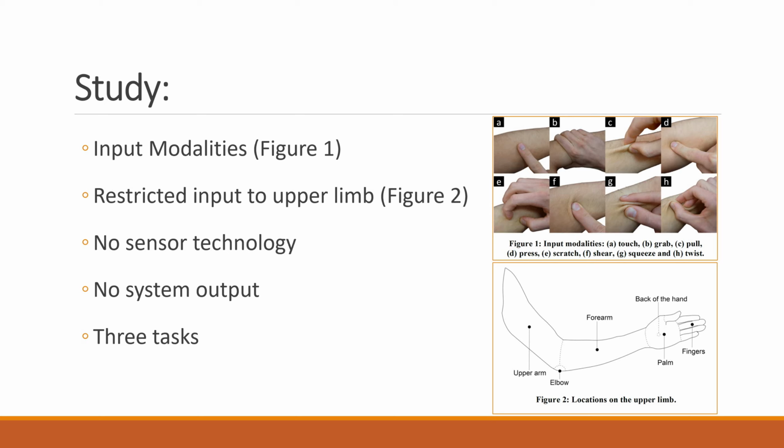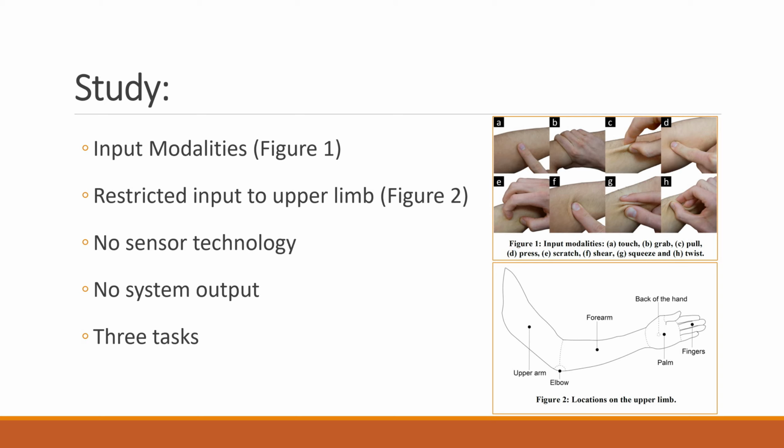A quick summary of the study: we defined 8 different modalities. For each of these modalities, we had a restricted input area on the upper limb. 6 areas were defined on the upper limb where the modalities would be input. We also limited the study to have no sensor technology for the input and no system output.